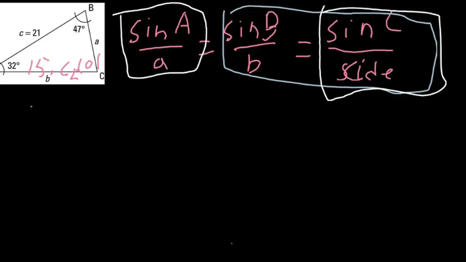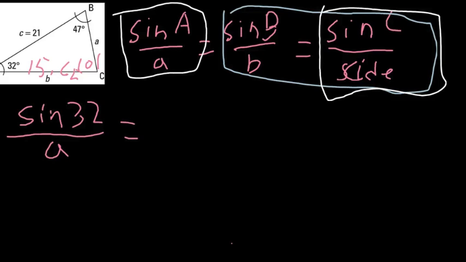Alright, now moving on, we have the sine of angle A, which is 32, over side length A, which we don't know, is equal to the sine of angle C, which is 101, over side length C, which is 21.